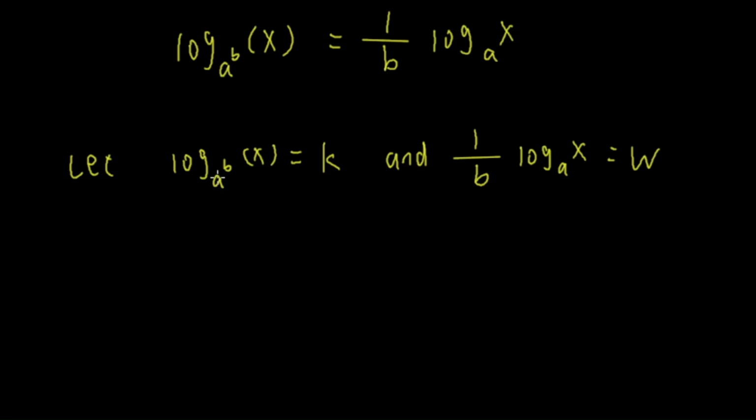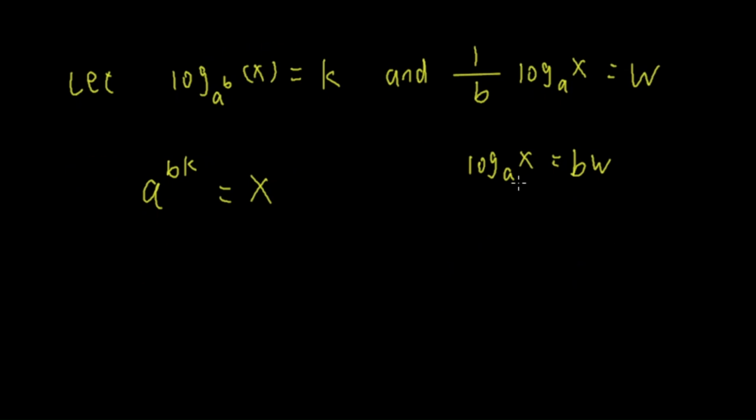That means a to the power of b to the power of k is equal to x. So I can directly write this as a to the power of b times k in the exponent is equal to x. And on this side, let's multiply both sides by b first. So we have log x to the base a is equal to b times w. That means a to the power of bw is equal to x.